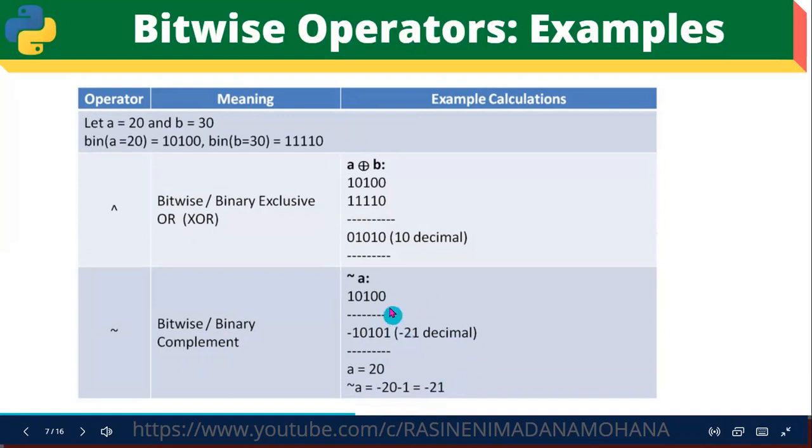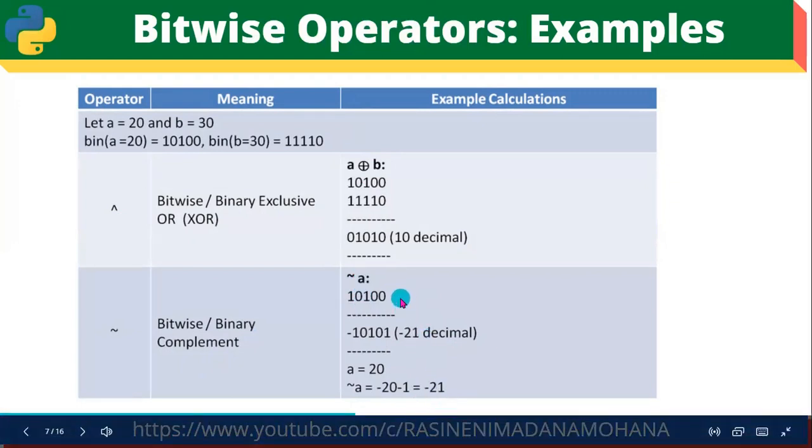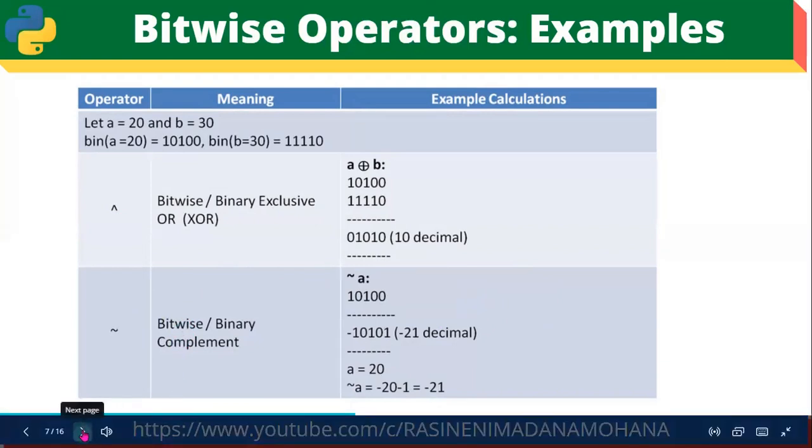Whenever you run this example in Python, suppose A equal to 20 we have taken, then the complement of A is minus 21. For any value of A, the complement is minus A minus 1. So if A equal to 10, the complement of A is minus 11. If A equal to 60, the complement of A is minus 61, like that. This is the bitwise or binary complement operator.